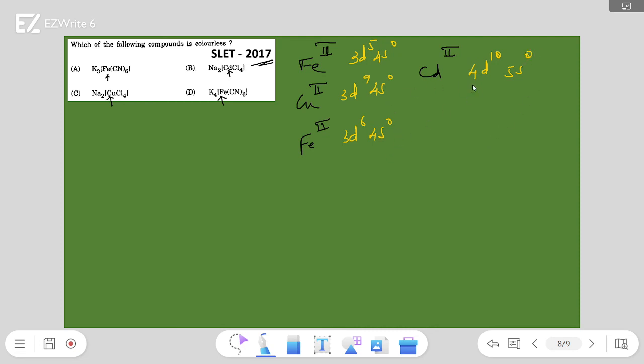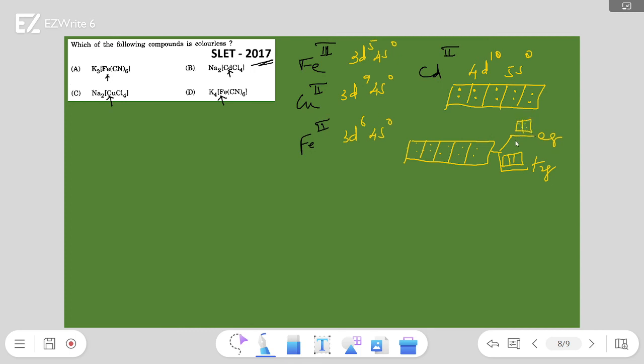4d10 5s0. This is the only subshell 4d where all the electrons are paired, and you very well know that when all the electrons are paired, the transition from a lower to a higher state will not take place. This transition of t2g and eg will not occur because all the orbitals are completely filled, there are no chances of absorbing light, and therefore no color is observed.